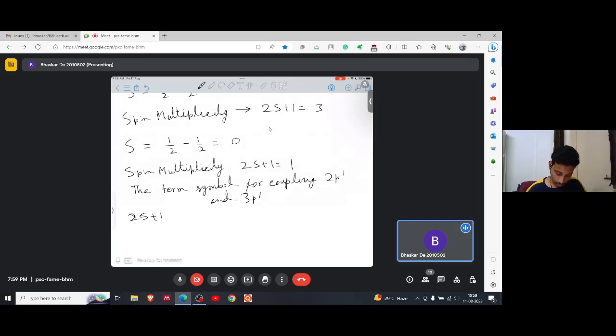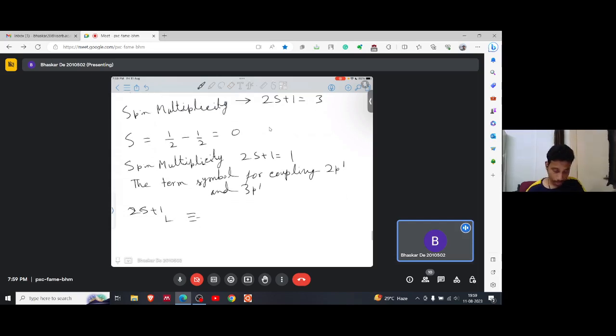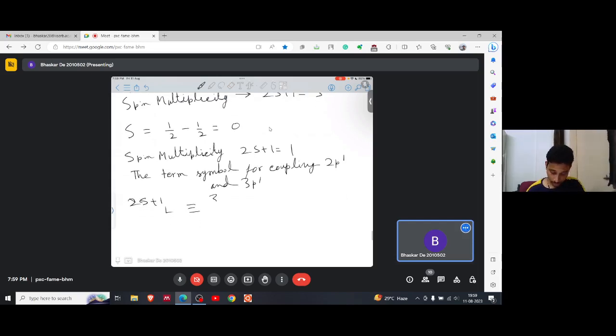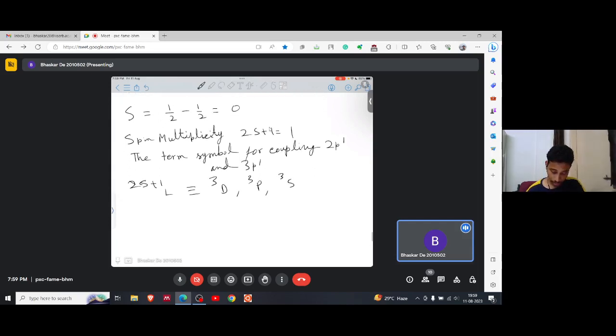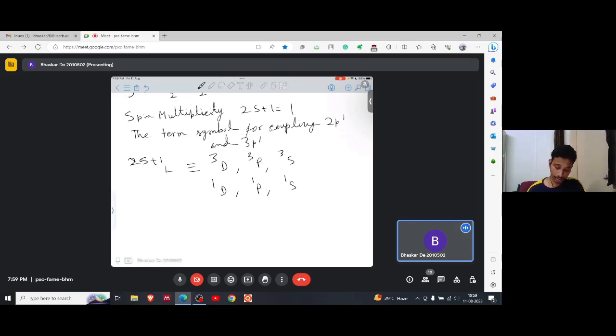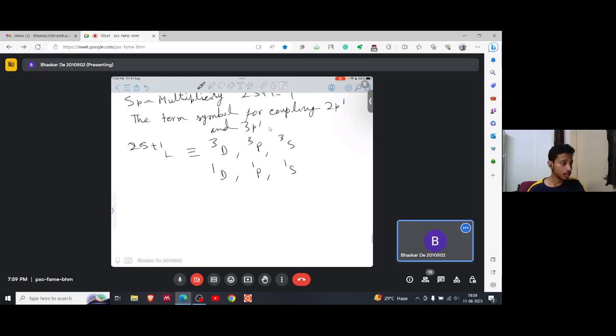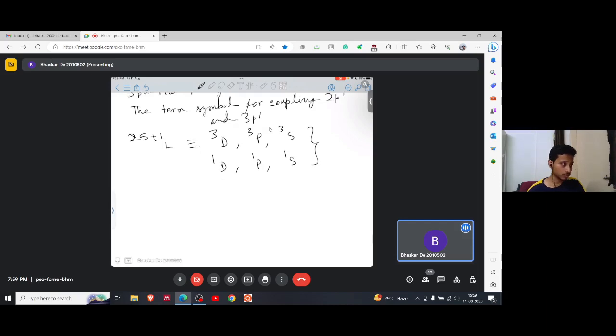We are not calculating J right now, so it is 2S plus 1 and L: 3D, 3P, 3S, then 1D, 1P, 1S. Okay, so there are 6 states after coupling 2p1 and 3p1. Now these 6 states will couple with 3d1.